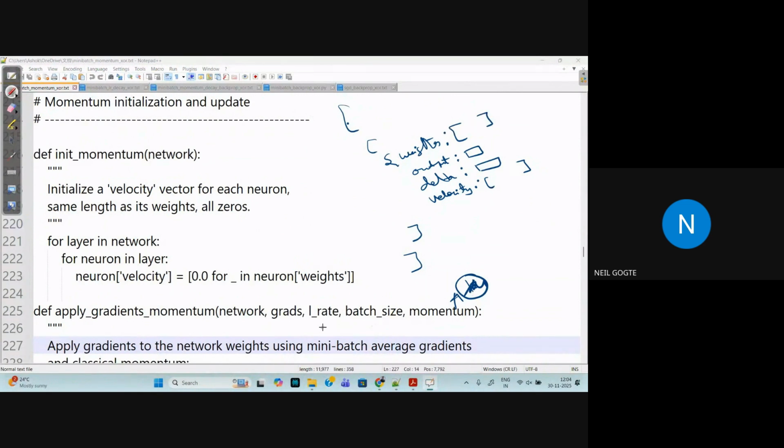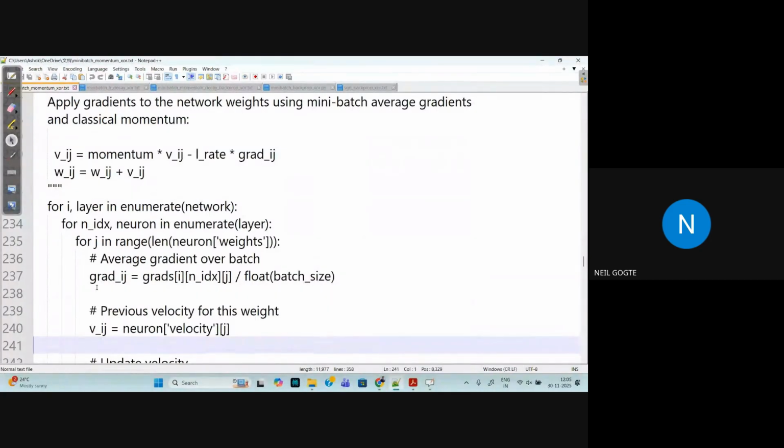This is the learning rate, that is new. Batch size is batch size. These are the two hyperparameters. Both the hyperparameters are passed as parameters to apply gradients momentum. You can get this code, as I told you, by describing what each part does. I would be happy to lend his services to you.